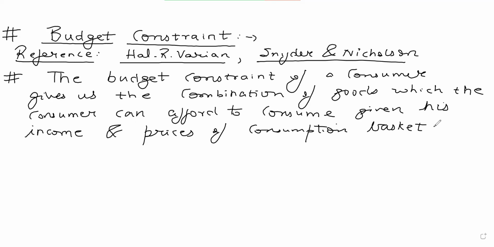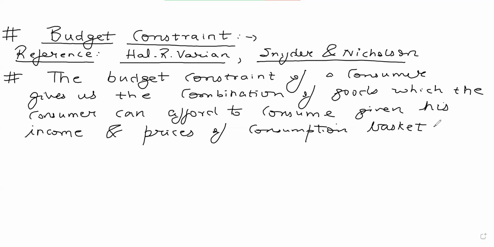So we know this from the introductory microeconomics course. The budget constraint of a consumer is going to capture his or her affordability. How much he or she can afford to consume given his or her income, and the price of the consumption basket.